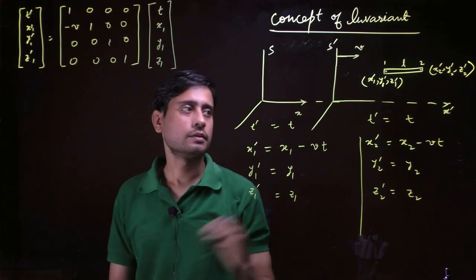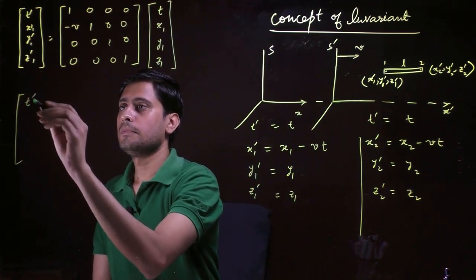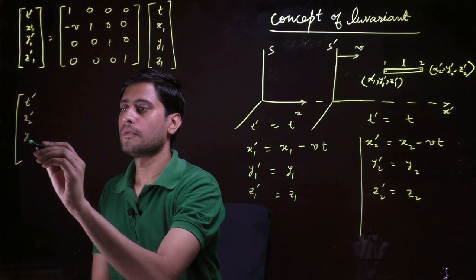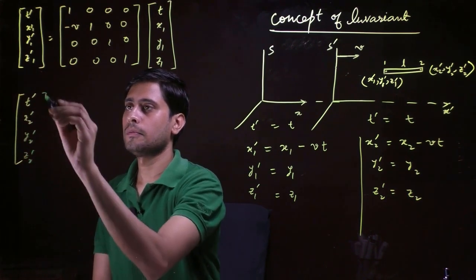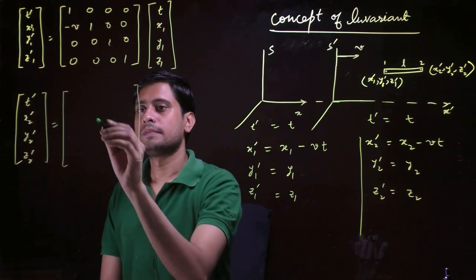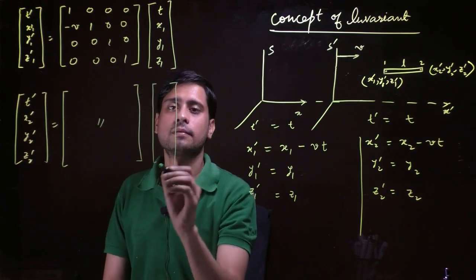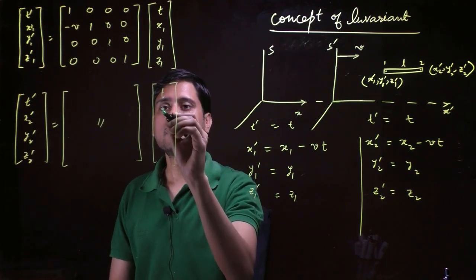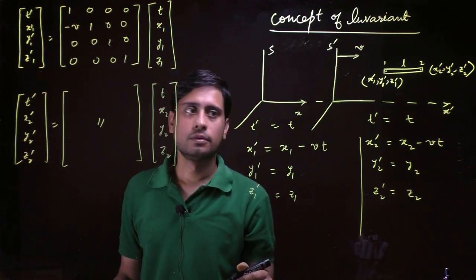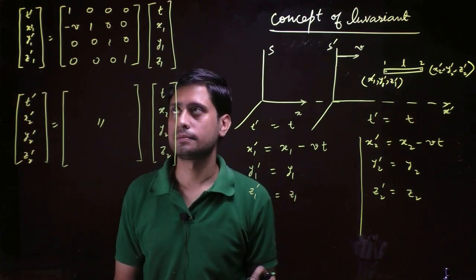Similarly for the second end we can write t prime, x2 prime, y2 prime and z2 prime equal to the same matrix multiplied by t, x2, y2 and z2. So we have the Galilean transformation for the ends of the rod.